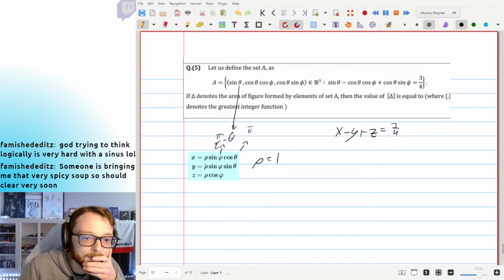Likewise with here. We have two different phis going on. Who knows which one is which? Cosine phi to cosine theta, I think, as they will be independent variables, like swapping x with t.